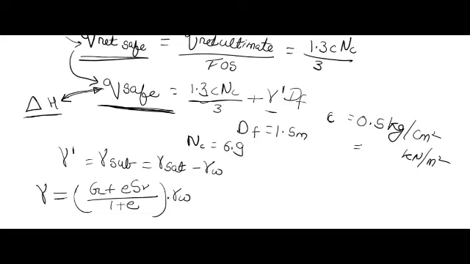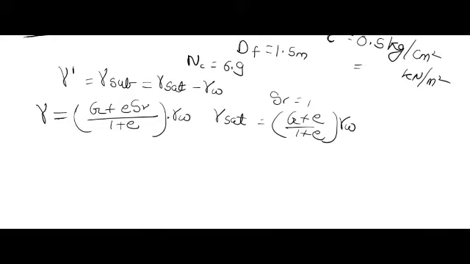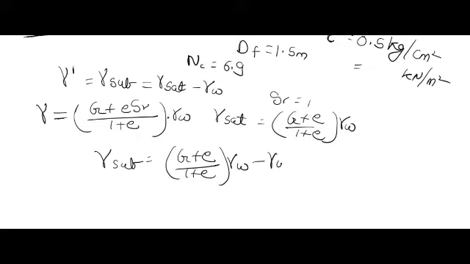Now for saturated soil S_r is equal to 1, so gamma sat becomes (G plus e) by (1 plus e) into gamma w. From this I will subtract gamma w, so gamma submerged will be equal to (G plus e) by (1 plus e) gamma w minus gamma w.